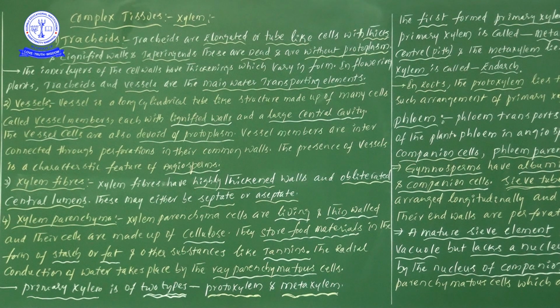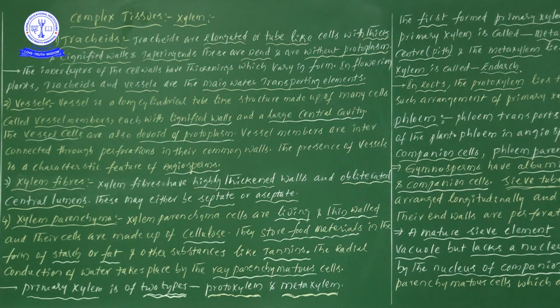Next point is in flowering plants. If you take these flowering plants, what is the main important point? The tracheids and the vessels are the main water transporting elements. There are 4 different types of elements in xylem: tracheids, vessels, xylem fibers and parenchyma.